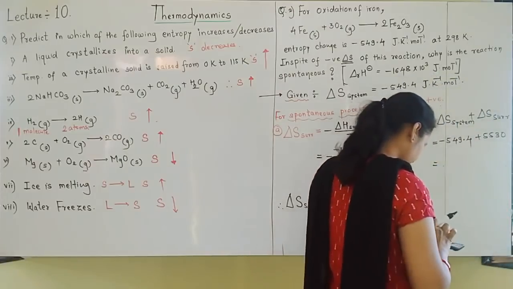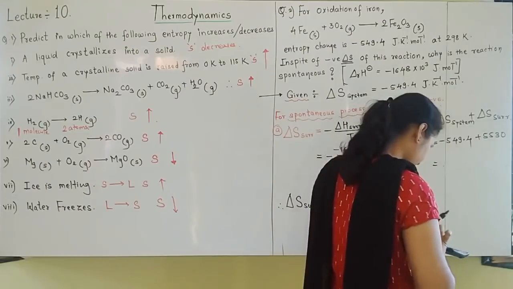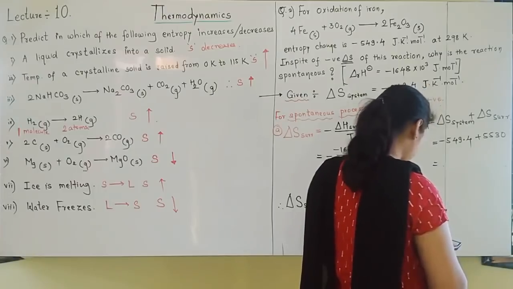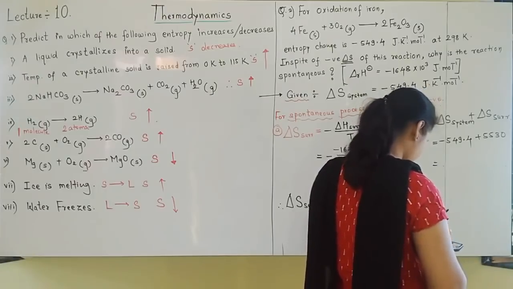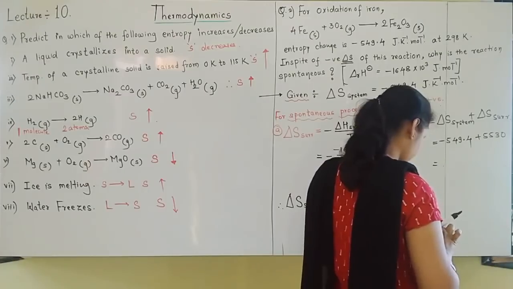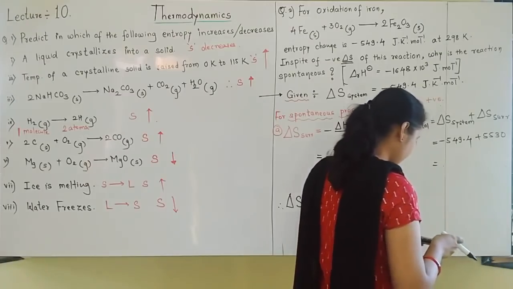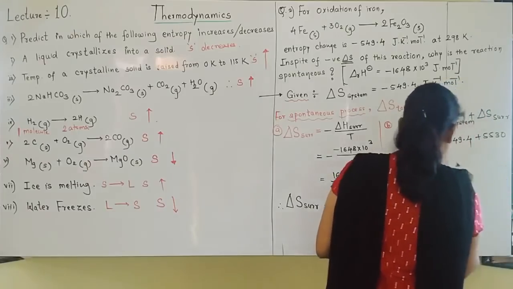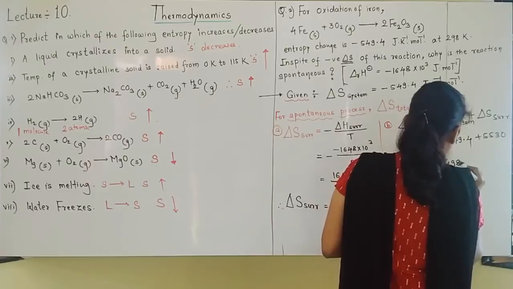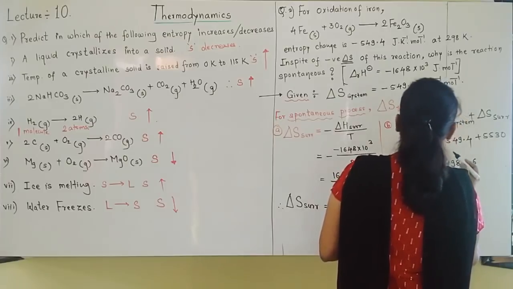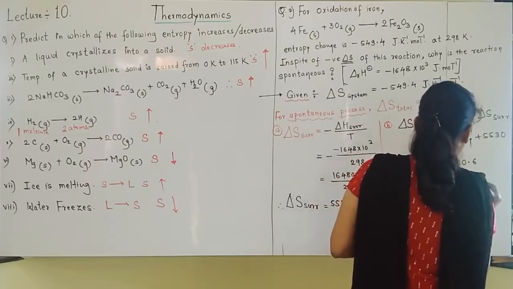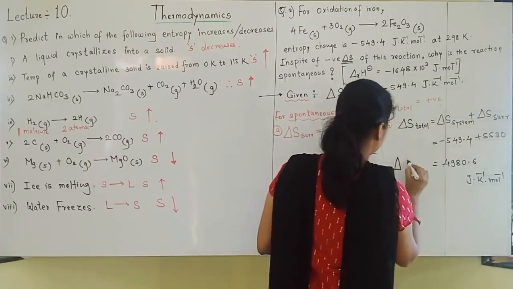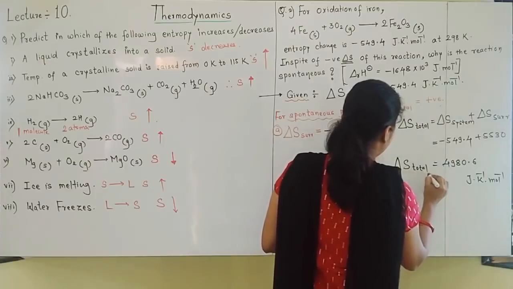Minus 549.4 plus 5530 gives 4980.6. Students, you also do the calculations on your own. Of course, the unit is again joule per Kelvin per mole. This is what I got, delta S total.